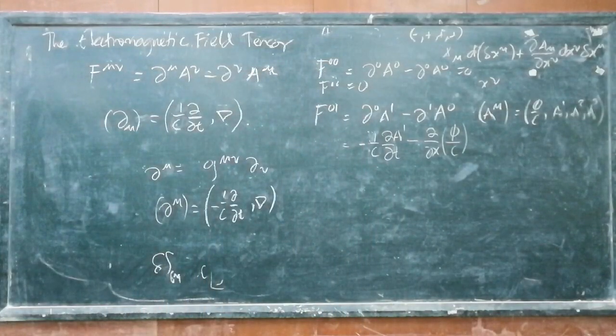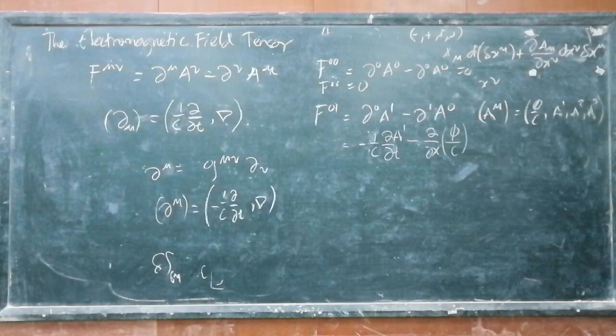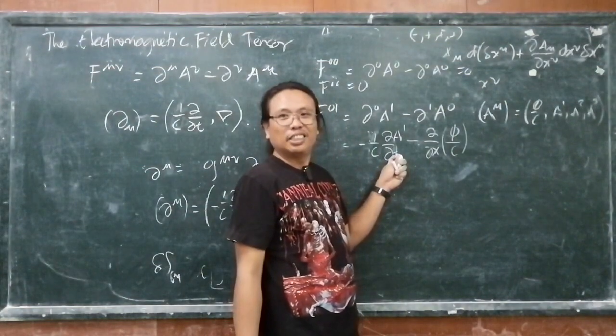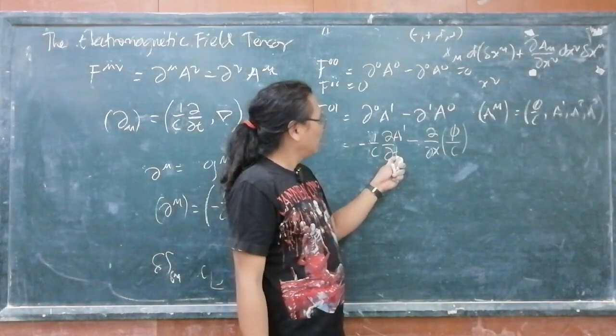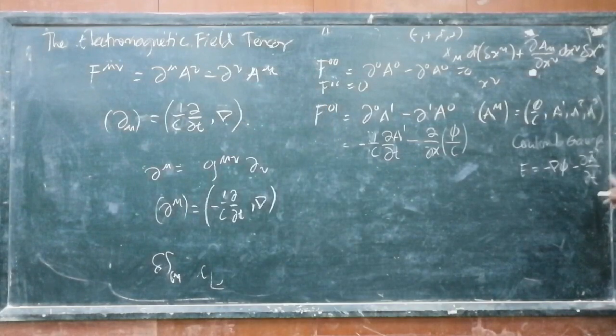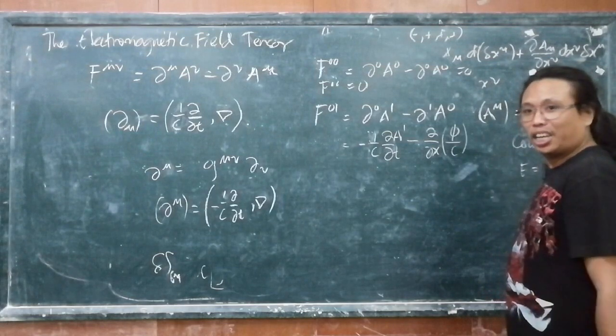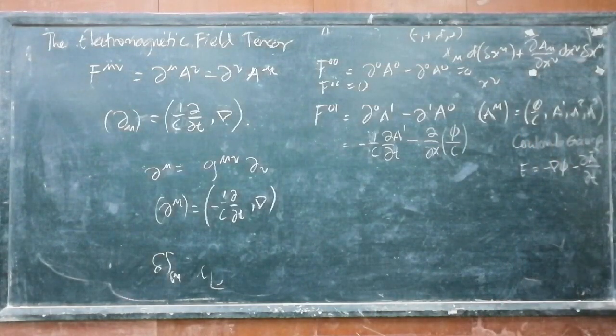What is its value? Look at the gauge we used. What is this? We can actually find the components of this. This is a vector, right?